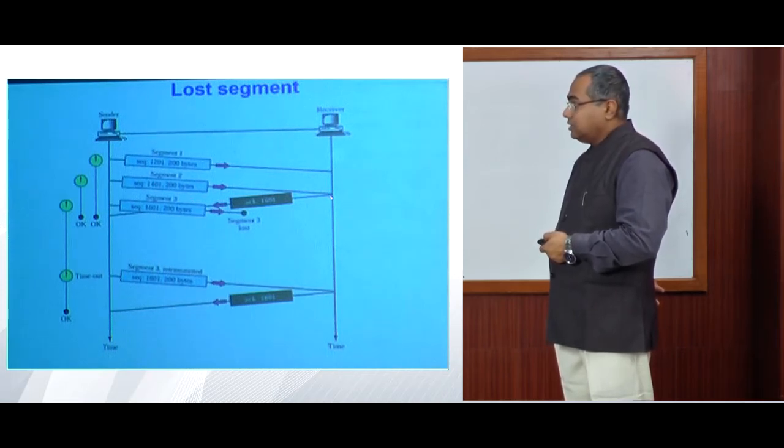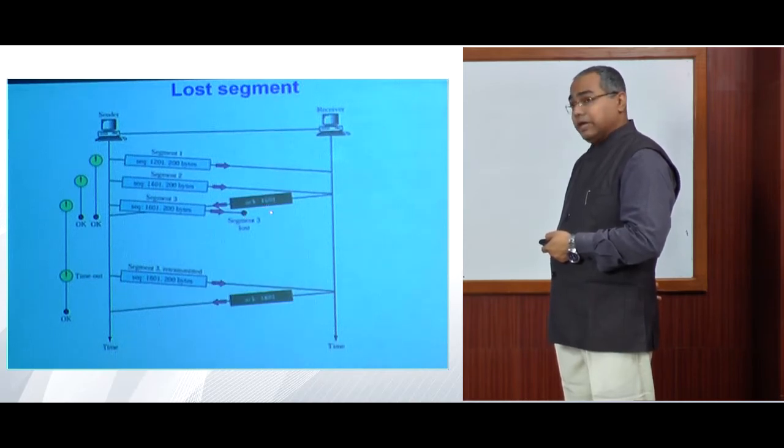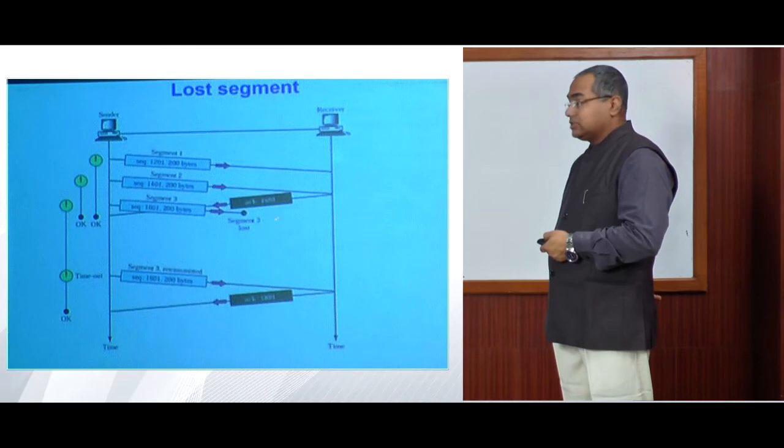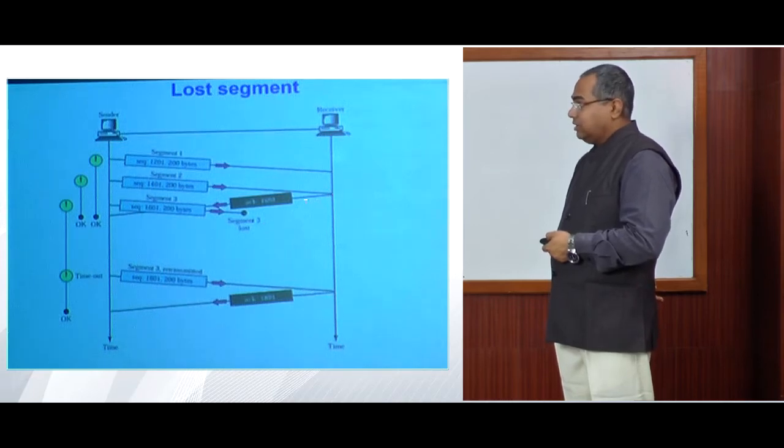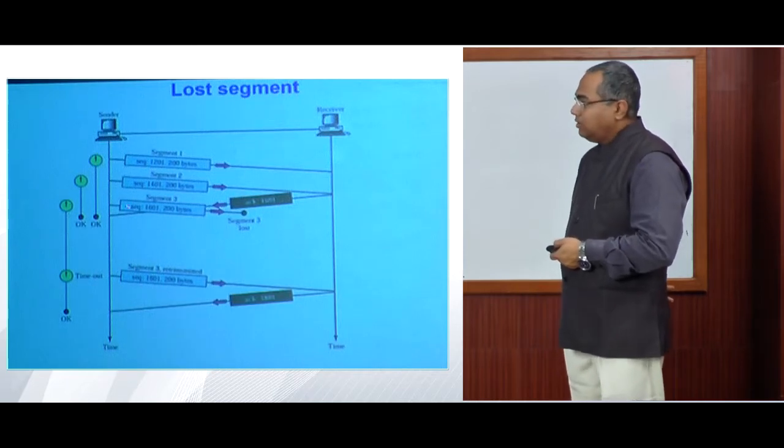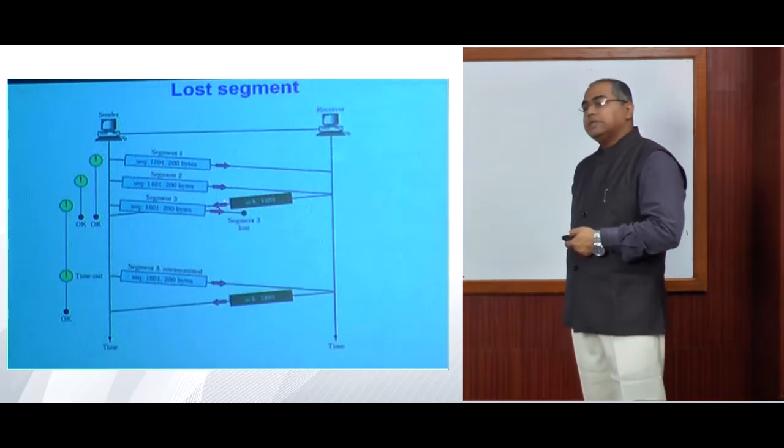Acknowledgement is the number which the receiver expects to receive next. So it has received till 1600. What will be my acknowledgement? 1601. Very simple.